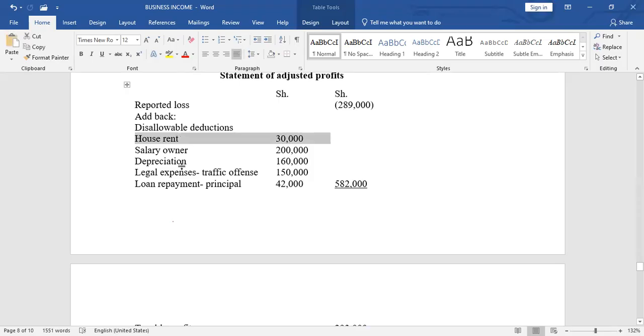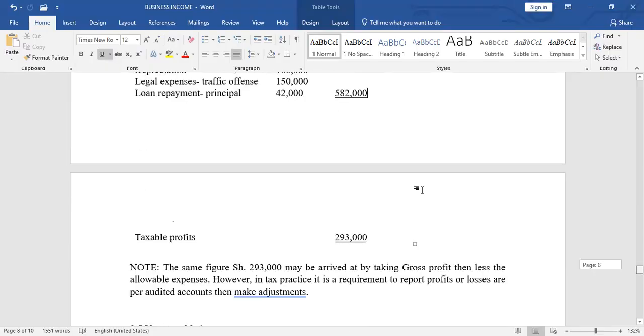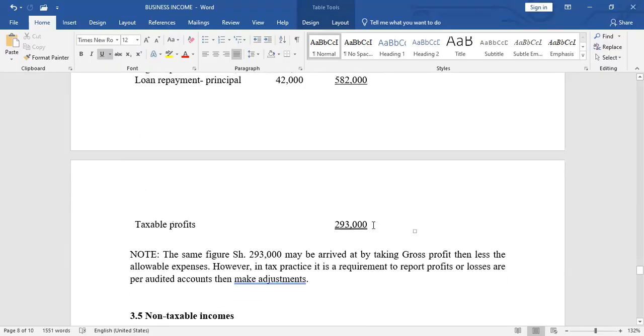You had said house rent, salary to owner, depreciation, legal expenses relating to traffic offense, and then loan repayment, the principal component of it. Now to 289, we add 582.